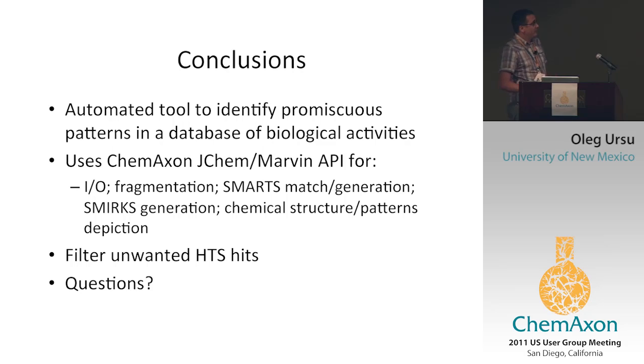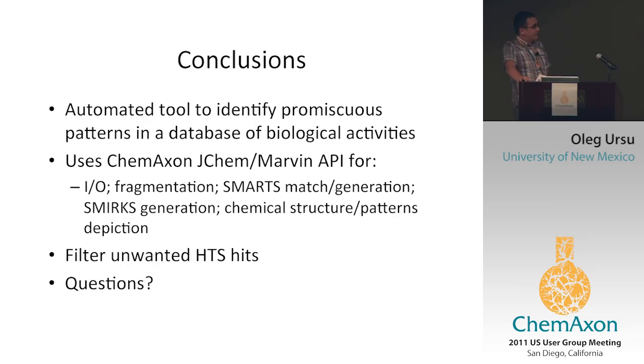So, in conclusion, I want to say this is a tool which can be used to automatically mine not just PubChem, but any database. What you want to have in your library is a series of compounds which have different substituents and the same core, so you can have enough MMPs to be able to detect the pattern series.